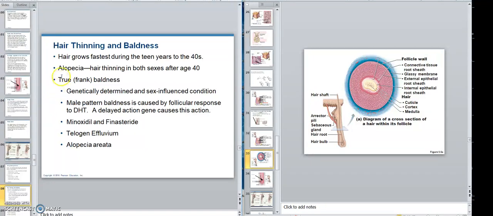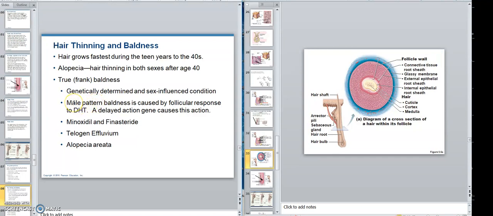Hair thinning and baldness. Hair grows faster in the teen years and the 40s. Alopecia is hair thinning. Male pattern baldness is caused by too much dihydrotestosterone. Strangely, androgens, testosterone, cause hair to grow, but as a person gets older, delayed action genes cause it to fall out. Now, women can have male pattern baldness.